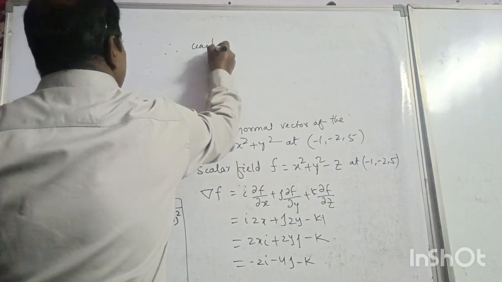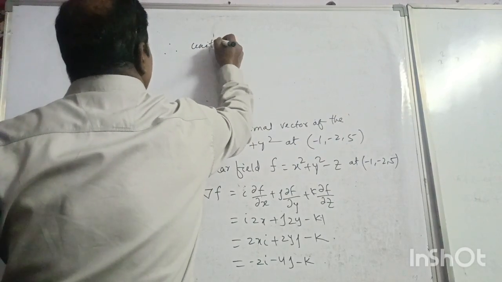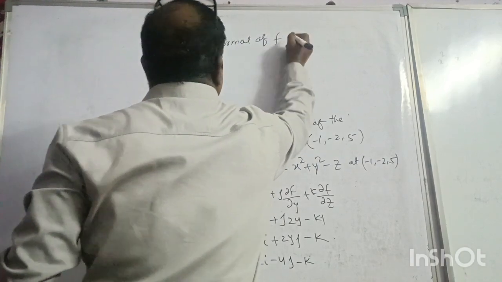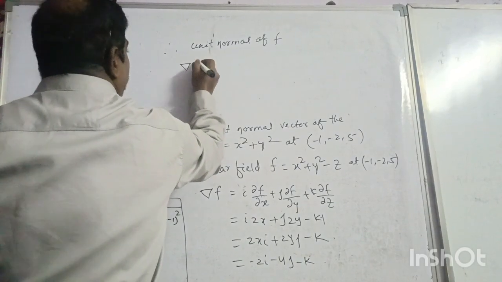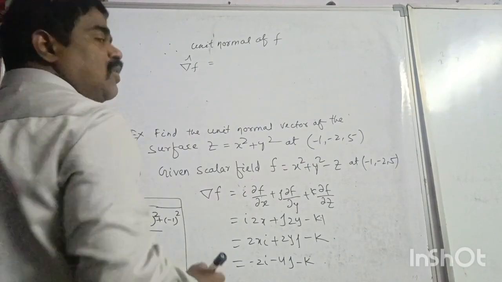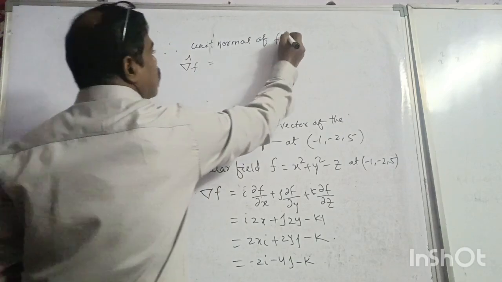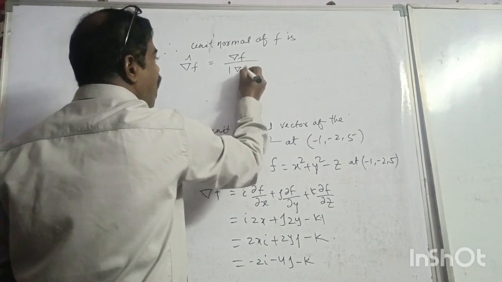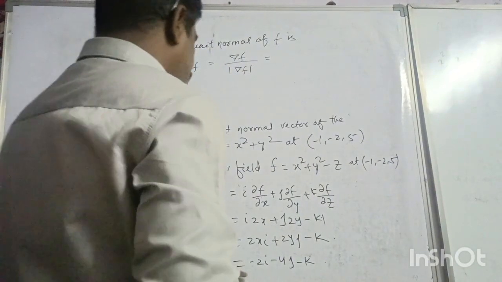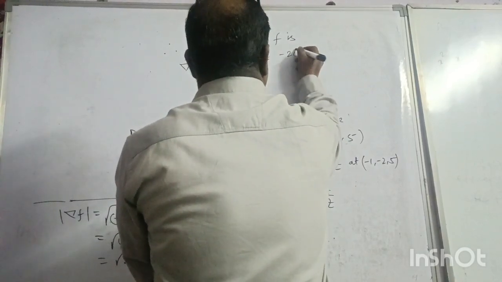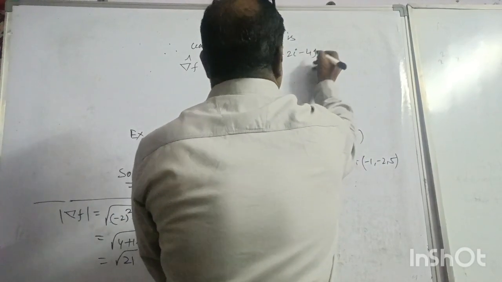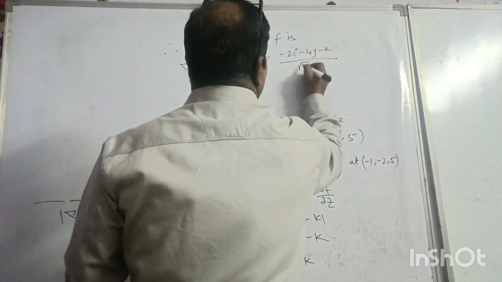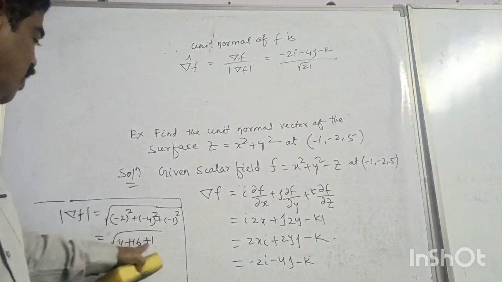Therefore, the unit normal of f, how are you writing? Nabla f cap is equal to, what is the formula, nabla f by mod nabla f. Nabla f is equal to minus 2i minus 4j minus k, by root 21. 20 plus 1 is 21.